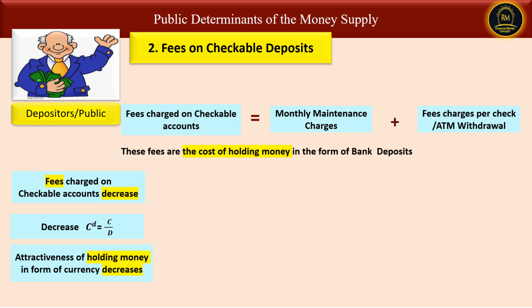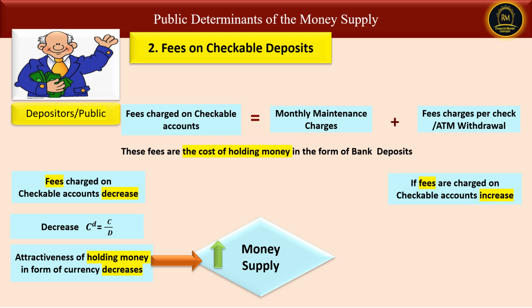Holding currency means an opportunity cost in terms of sacrificing the interest rate you can earn by depositing your money in the bank. So if the fees on maintenance charges and withdrawals decrease, this is going to decrease the currency and increase the deposit ratio. As a result, the money supply will increase.